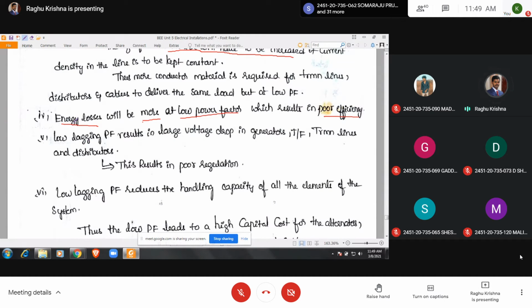As energy losses will be more, efficiency will be less.